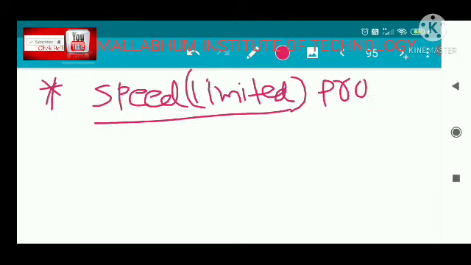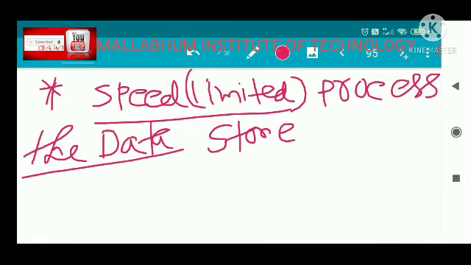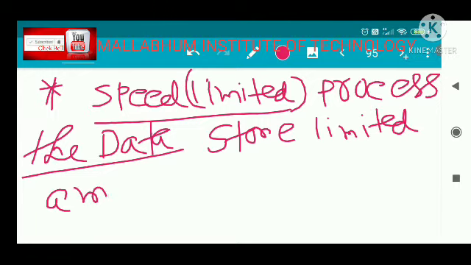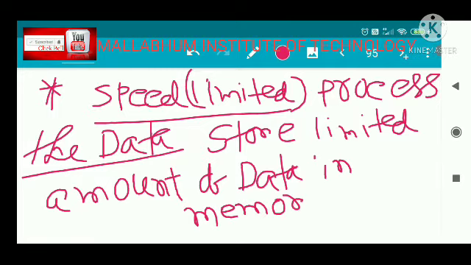It can process the data only at a limited speed, and it can store only a limited amount of data in memory. Now what happens if the sender is sending the data at a very high speed?